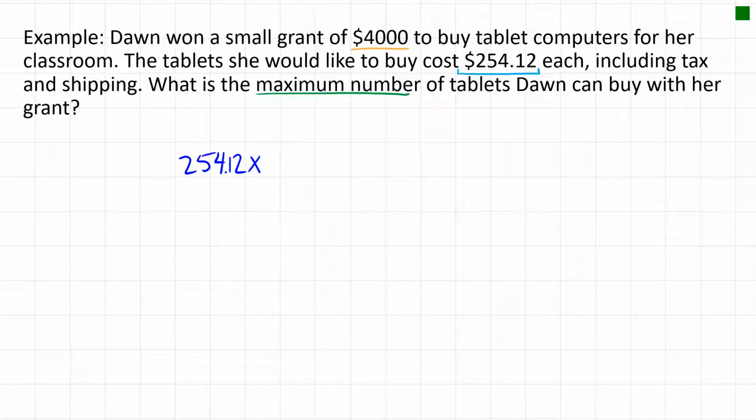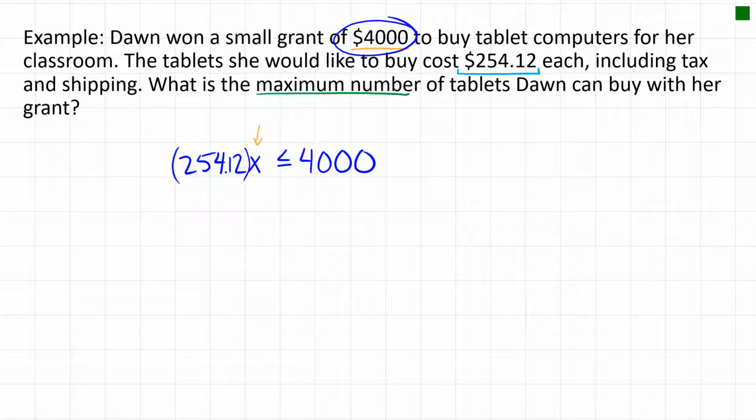So I'll write that as 254.12 times X. And we know that this has to be less than or equal to $4,000 because that's the maximum amount that Dawn has to spend. So we are looking for X, which would tell us the maximum number of tablets.